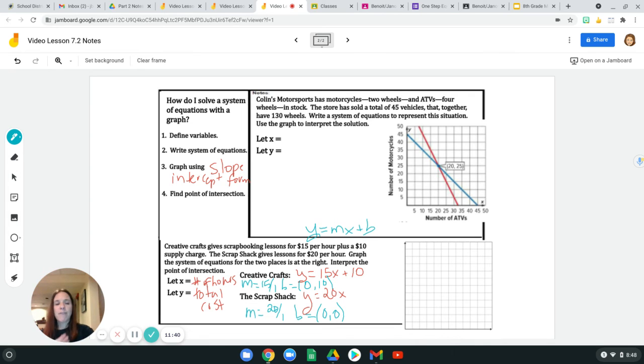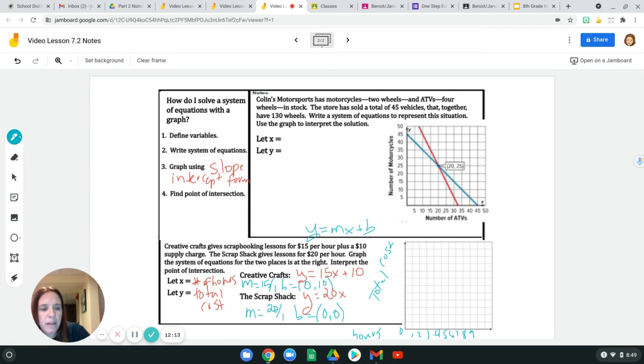All right, so I have a graph here, and we're actually going to fill this in. On the y-axis is where we're going to put our total cost. And on our x-axis is where we're going to put the hours. Now we need to add some numbers to our graph. Of course, this is the origin in the corner here. And hours, we're just going to count by ones. So each grid line will be a 1.